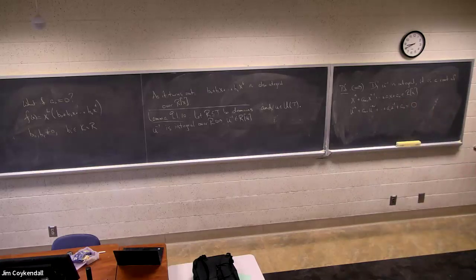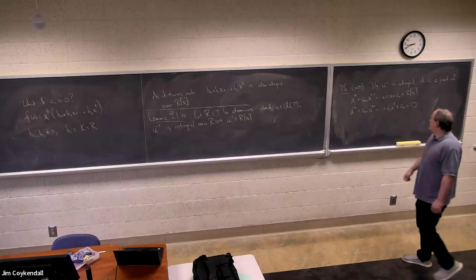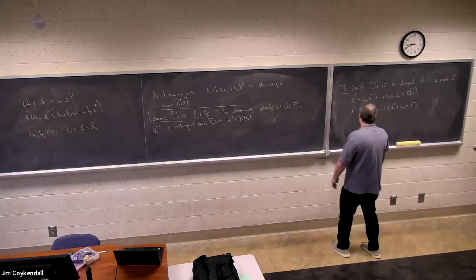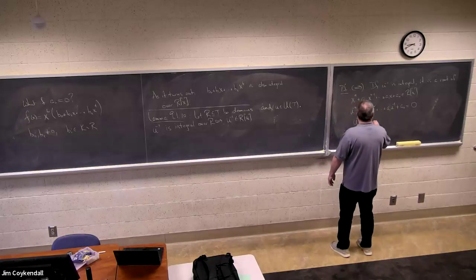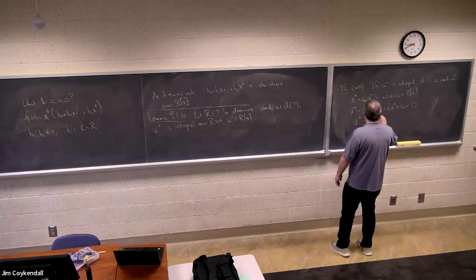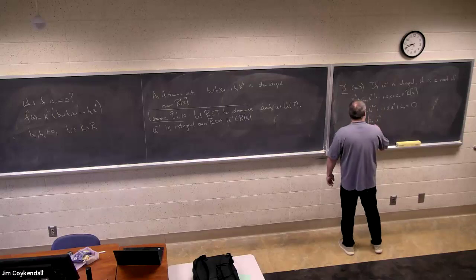That's what you get when you plug in u inverse there. And so what this means is u^{-n} is equal to negative a_{n-1} u^{-n+1} and so on.